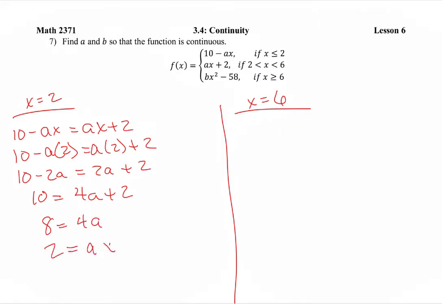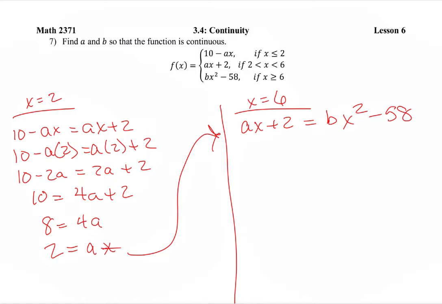So now I'm going to use this over here when I need it. I want to show that ax plus 2 has to equal bx squared minus 58. So that is 2 times 6 plus 2 equals b times 6 squared minus 58.